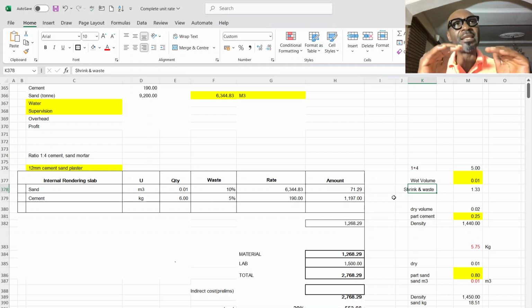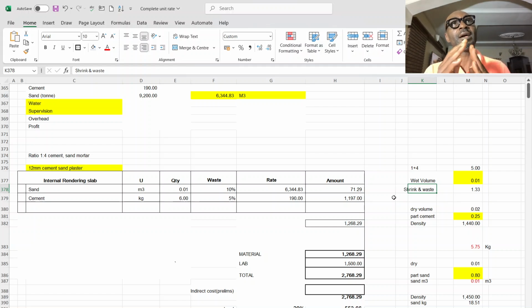And the percentage of settlement is around 20%. So you need to apply that 20% to get the dry volume of sand that we need to mix the mortar for the 1 square meter plaster.